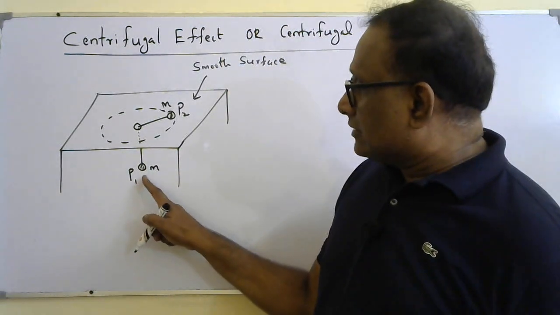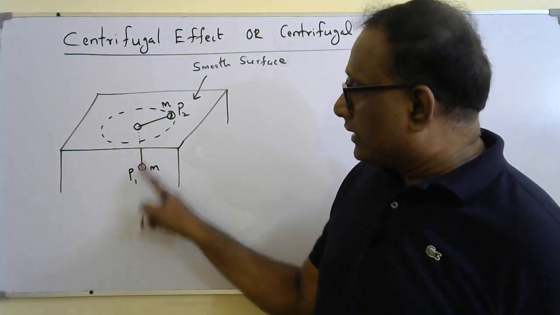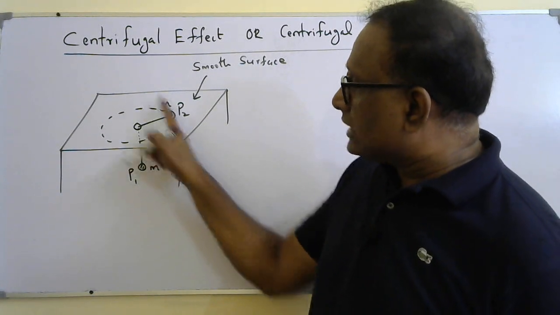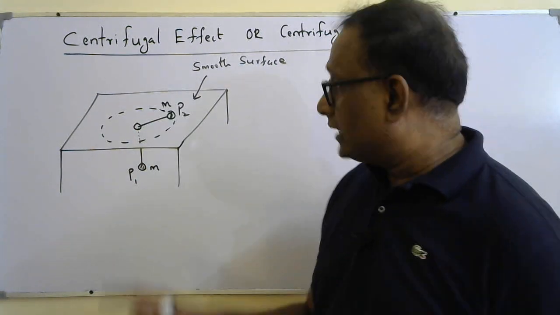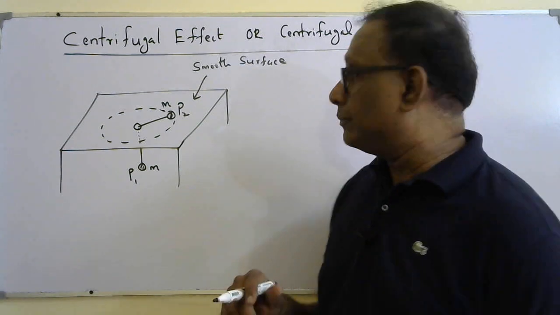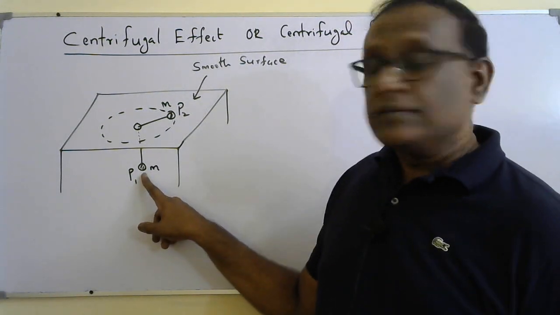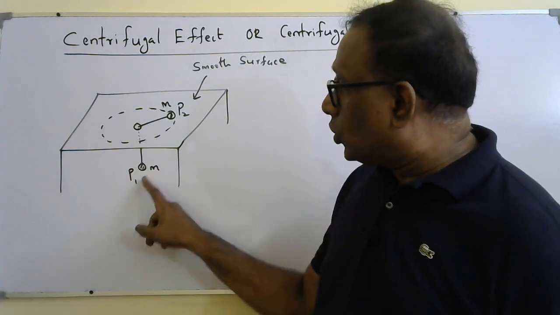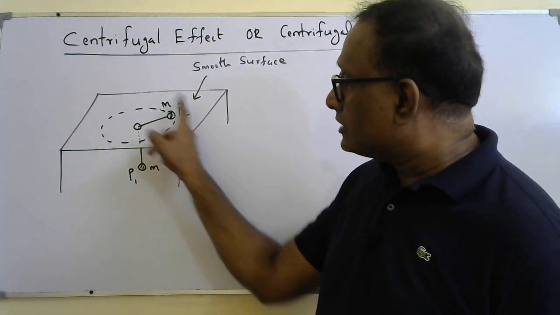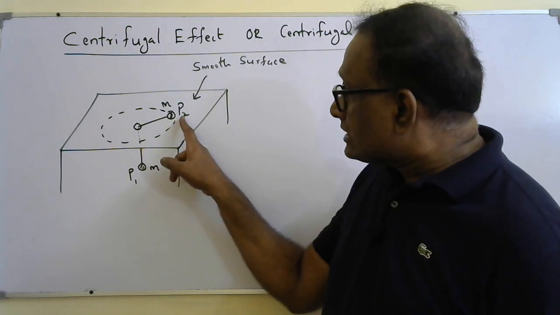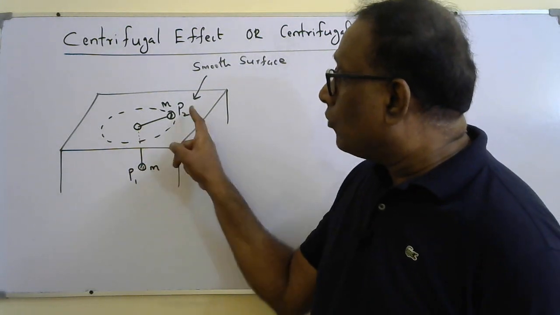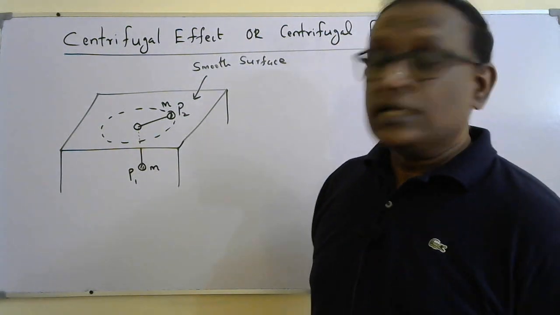By keeping the sphere P1 at rest, the sphere P2 is allowed to move on a circular path on the smooth horizontal table. So what happens here? The sphere P1 is hanging below the hole, but P2 is moving on a horizontal circular path. This sphere will not move or fall into the hole.